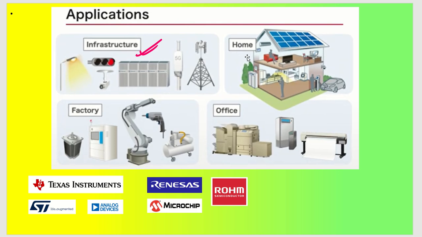Similarly, in home appliances, you have, let's say, washing machines, refrigerators, ACs, heaters. Everywhere you need some motor control or something like that. There you need to utilize current sense amplifiers, so that you will be using your shunt resistors, and through that you will be sending the signal to the current sense amplifiers, okay?